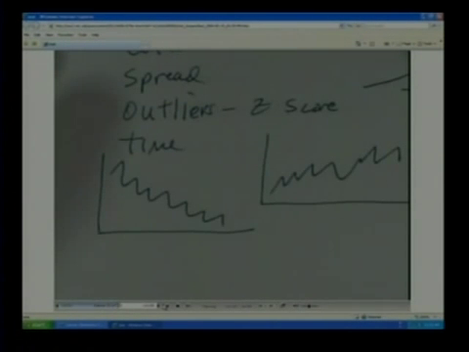Okay, now just a little bit of a preview. I have about a minute left here.